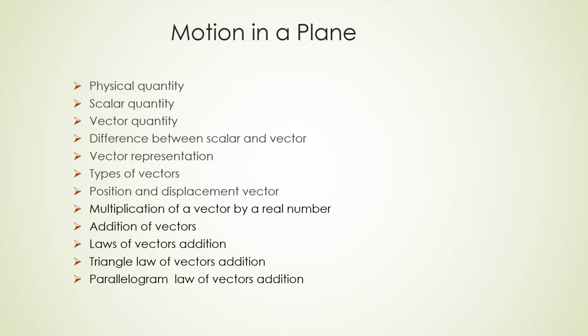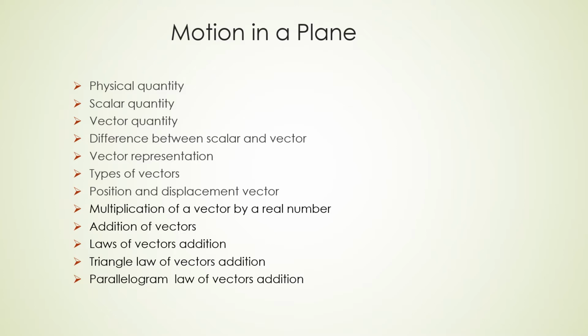So, in today's class, we will study physical quantity, scalar quantity and vector quantity. Then the difference between scalar and vector quantity and how a vector is represented, that is vector representation.